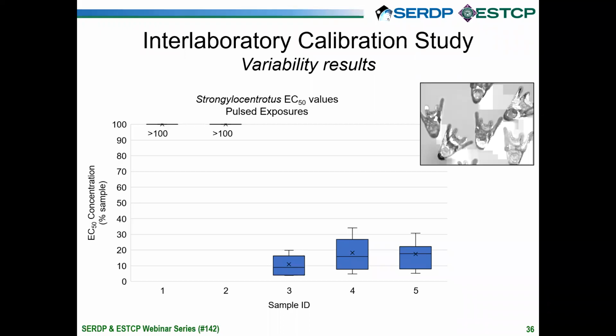And with those EC50 concentrations being so low, it just tends to drive that coefficient of variation up when we are making those analyses. And again, this is the comparison of those duplicate samples, and again, no statistical differences were observed in the paired t-tests.